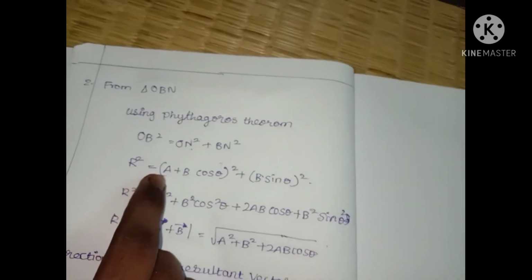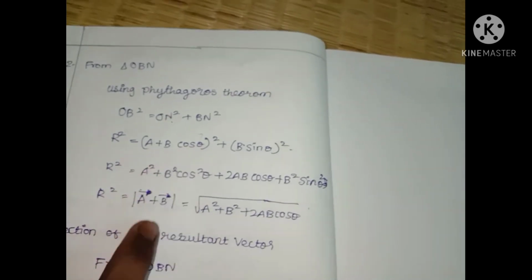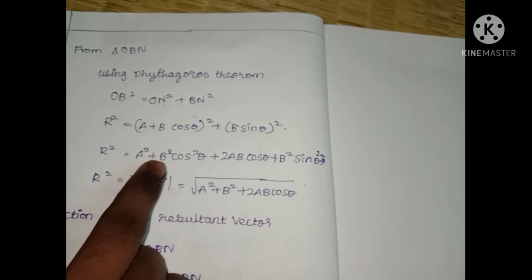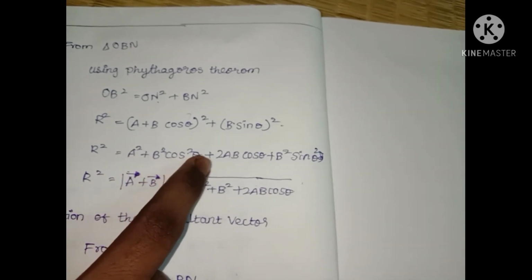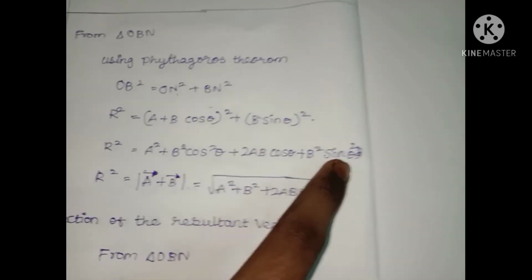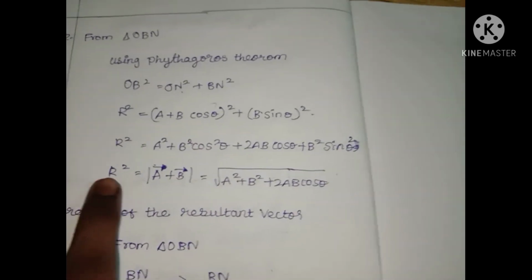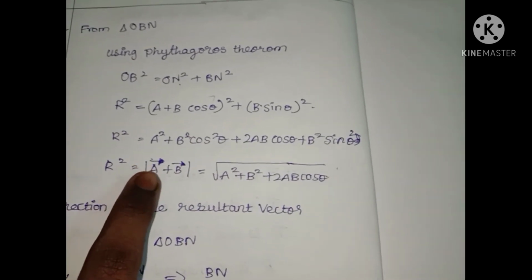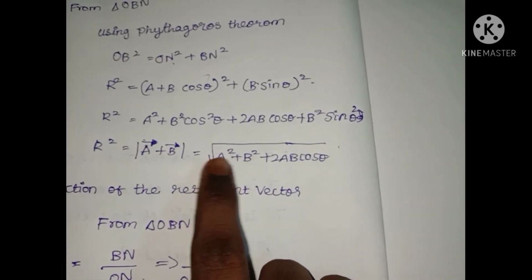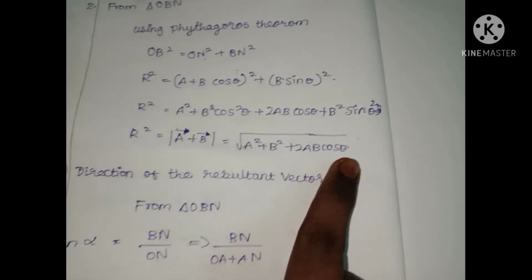R squared is equal to (A plus B cos theta) squared plus (B sin theta) squared. R squared expands to A squared plus B squared cos squared theta plus 2AB cos theta plus B squared sin squared theta. So R is the A vector plus B vector, equal to square root of A squared plus B squared plus 2AB cos theta.